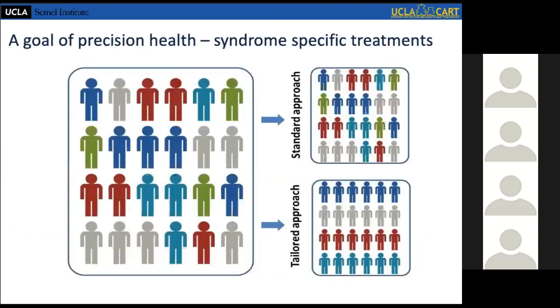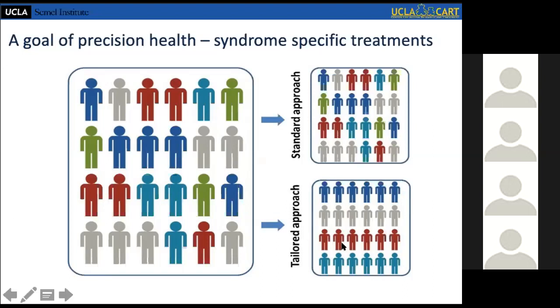So let's take a step back for a second and think about precision health. What is precision health? One way to operationalize it, especially in neurodevelopmental disorders, is that you have treatments specific to subsets of individuals that might be more effective for getting at cause or mechanism. If you think of the whole spectrum of NDDs, it's often ineffective to try one drug or one treatment for the whole group and expect all individuals to respond similarly.